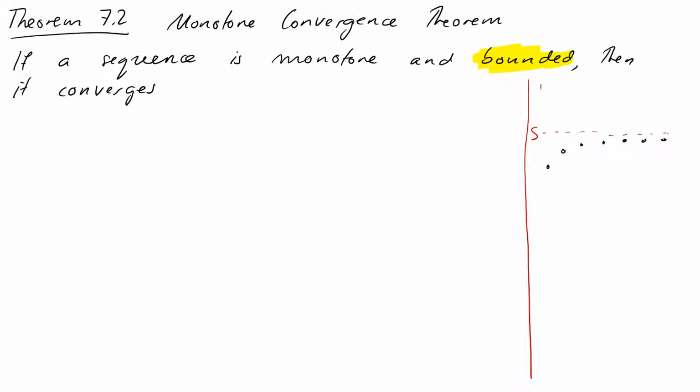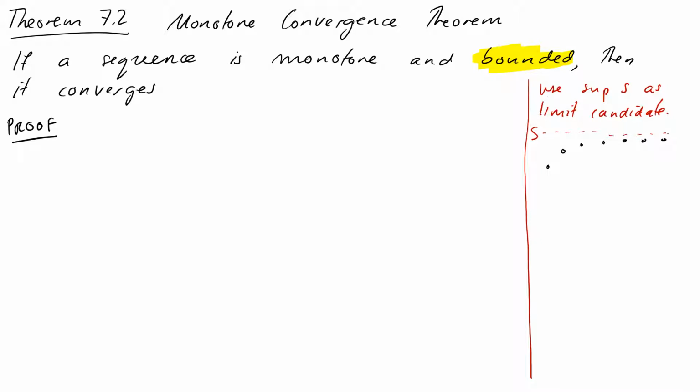So we use sup S as our limit candidate. That's a limit candidate that we can put in, and then we just need to show that our sequence converges to it. So let's see if we can fit a proof on this slide.